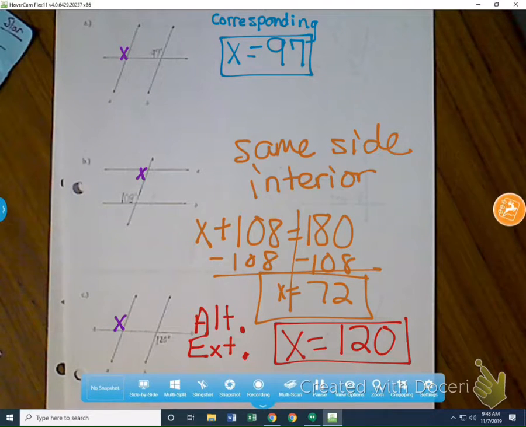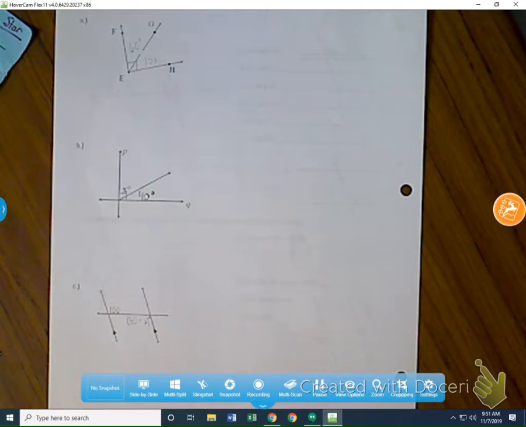If you said the measure of angle 1, now for these. How do I solve for the X here? 18x plus 60 equals 90. Awesome.